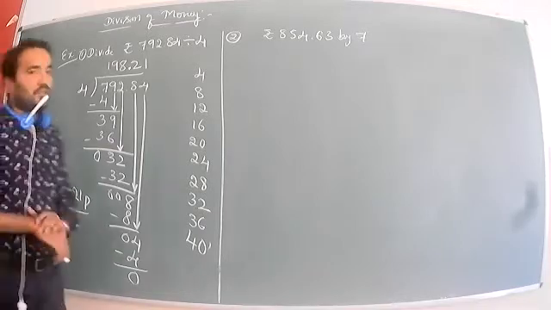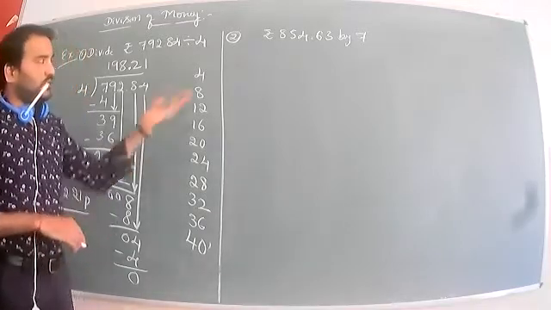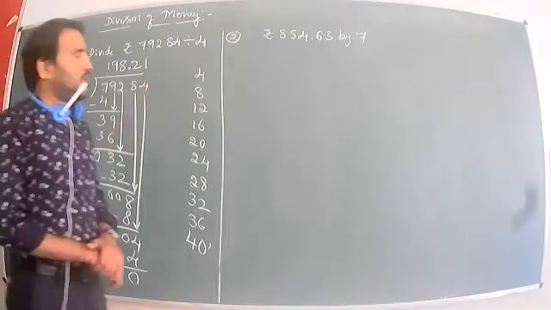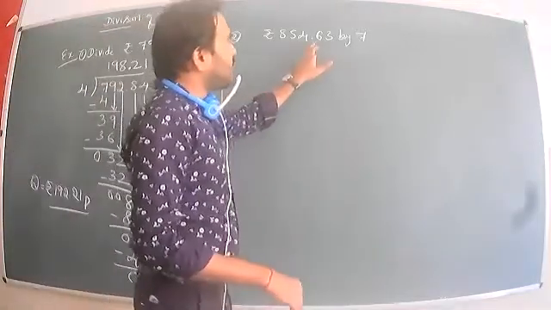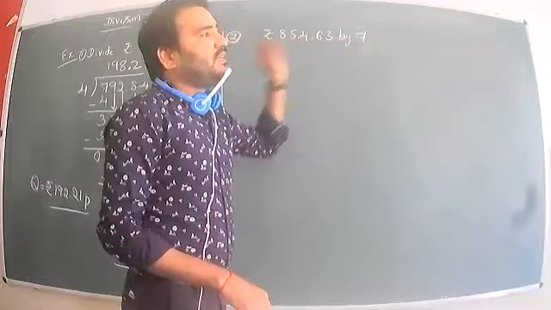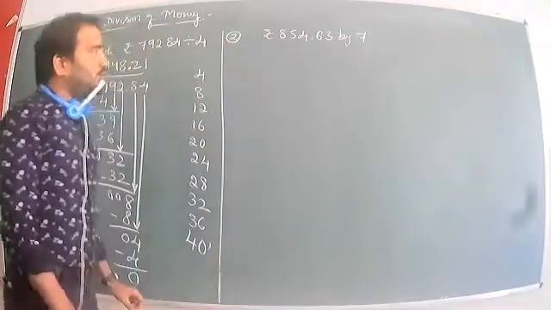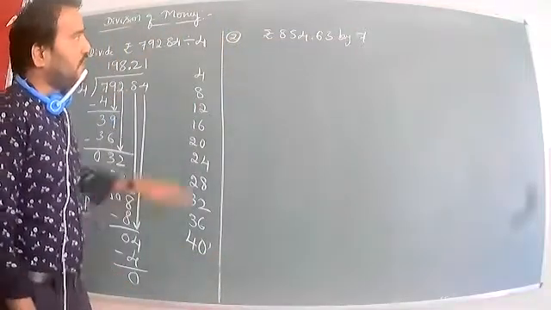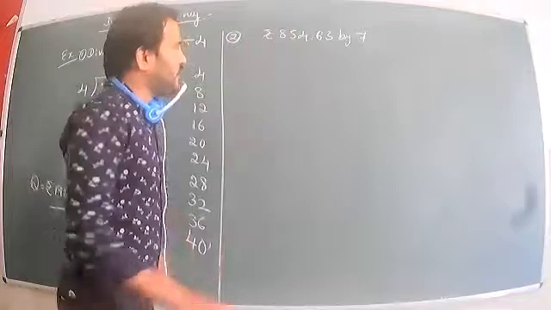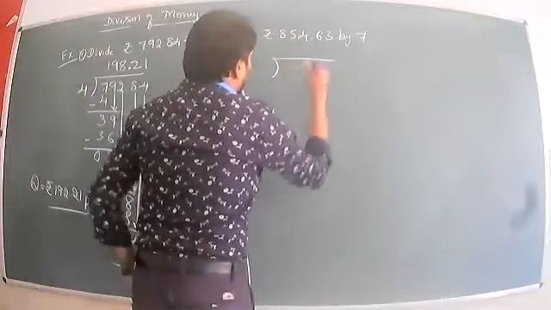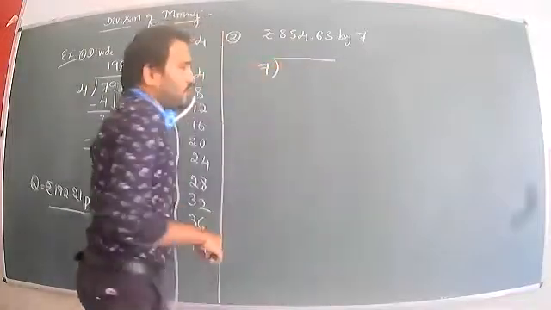Shall I go for the next example? Yes. The next example: 854 rupees 63 paisa by 7. Which is the dividend here? The biggest number is the dividend, so we arrange it in the long division method. The divisor is 7, the smallest number.